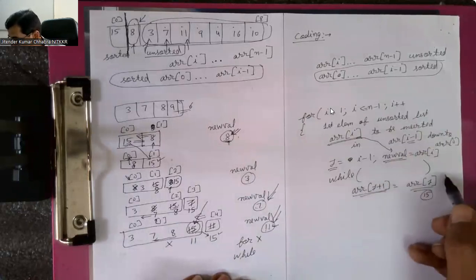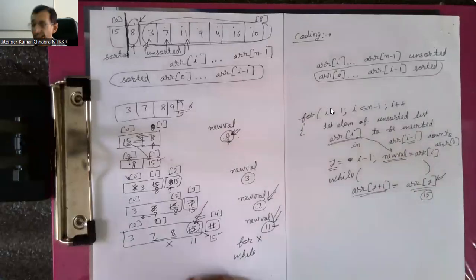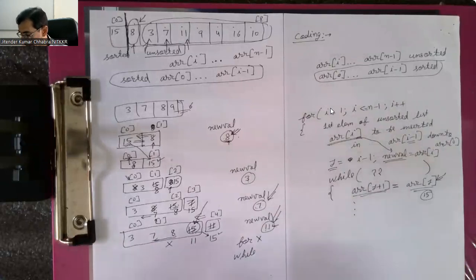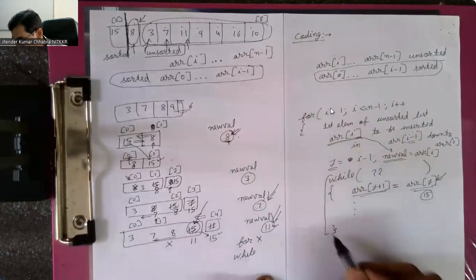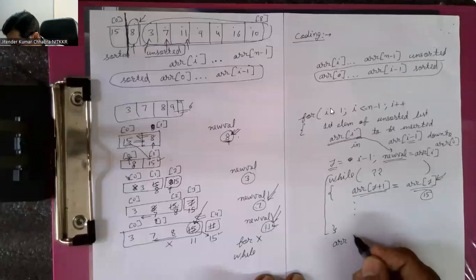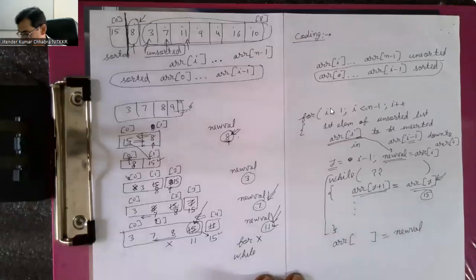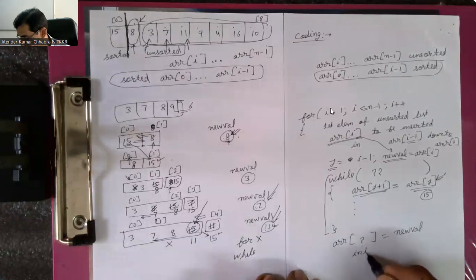So any element might require shifting to the next position based on some condition, and then maybe some decrement, etc. Once you come out, the necessary shifting has been done. So I have to place my element newval at some place. Now, what is this index? Of course, this index will be in terms of j somewhere.